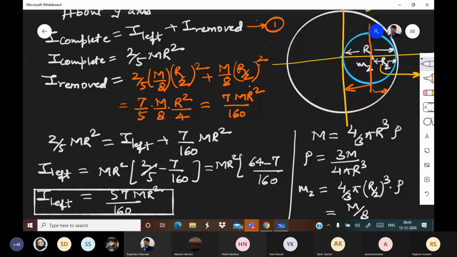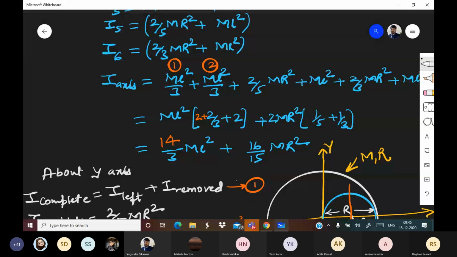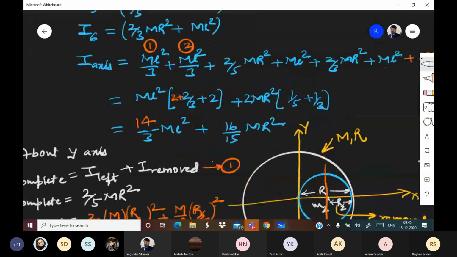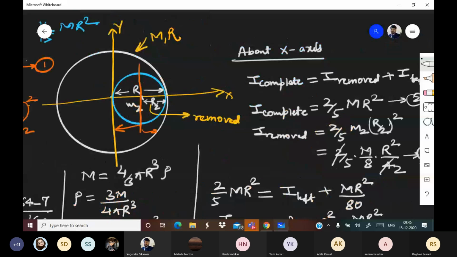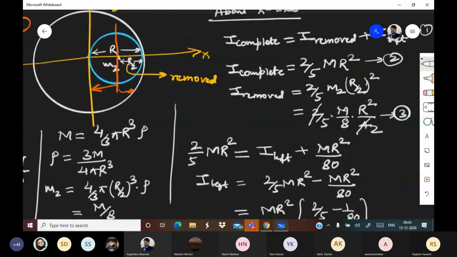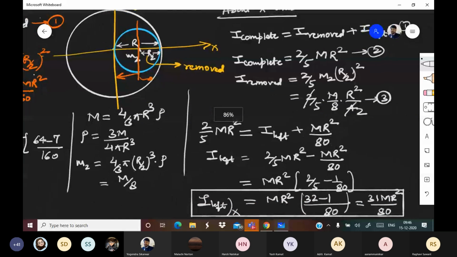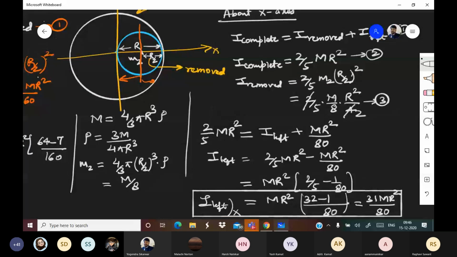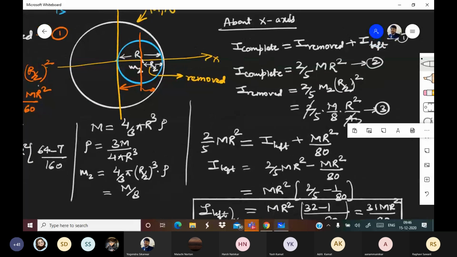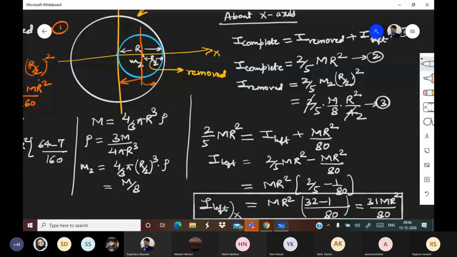Give me the answer. This is for x-axis, Rishikesh. This is for x-axis.